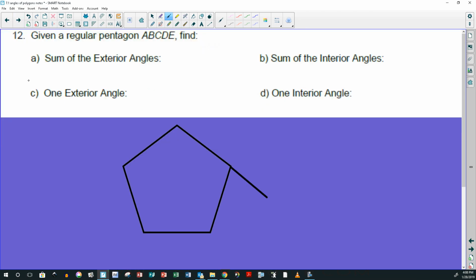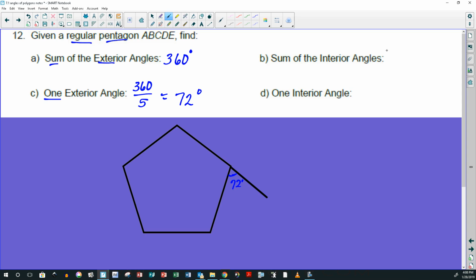All right, so now we have a regular pentagon. So we're going to find the sum of exterior. Well, that's 360. That's the one that never changes. One exterior is the total divided by the number of sides. So that's 72. So that means this outside angle here is 72 degrees.